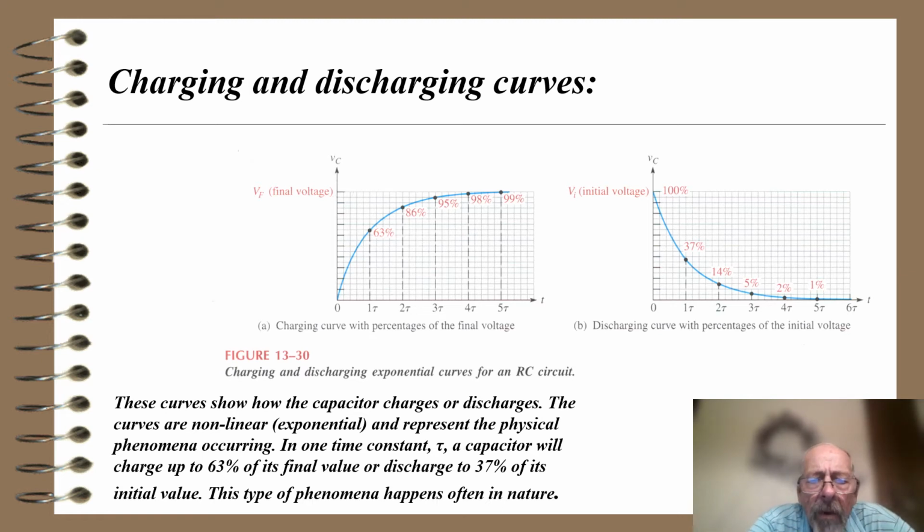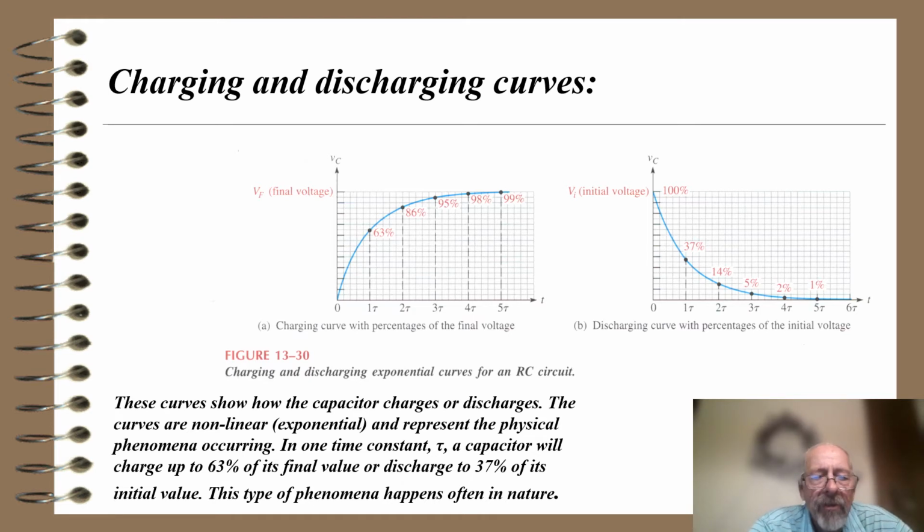What you see in figure 1330, part A, is the charging curve with percentages of the final voltage. We know what the time constant is, and in one time constant the capacitor will charge up to approximately 63% of its final voltage. In two time constants, 86%, three time constants, 95%, four time constants, 98%, five time constants, 99%, or essentially totally charged up.